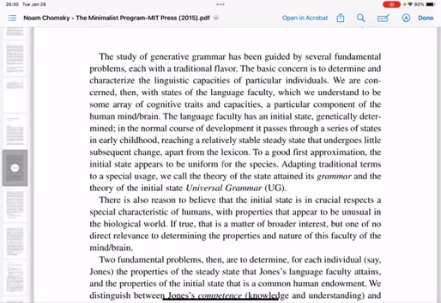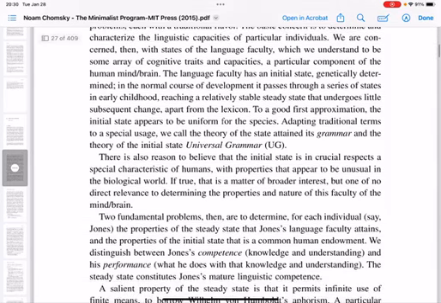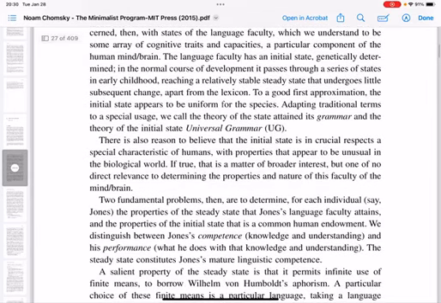The language faculty has an initial state, genetically determined. In the normal course of development, it passes through a series of states in early childhood, reaching a relatively stable, steady state that undergoes little subsequent change apart from the lexicon. To a good first approximation, the initial state appears to be uniform for the species.